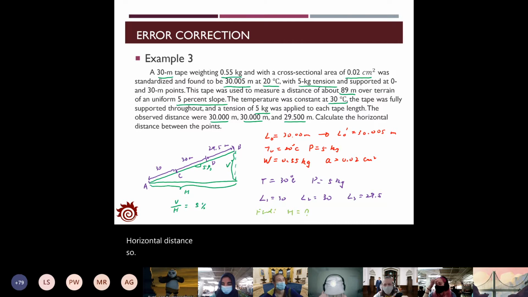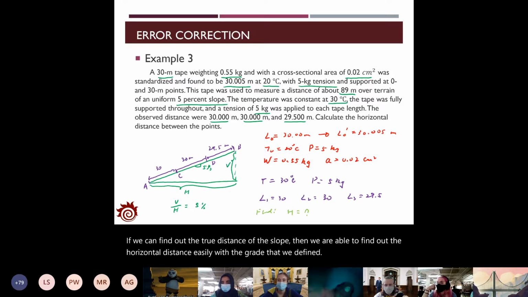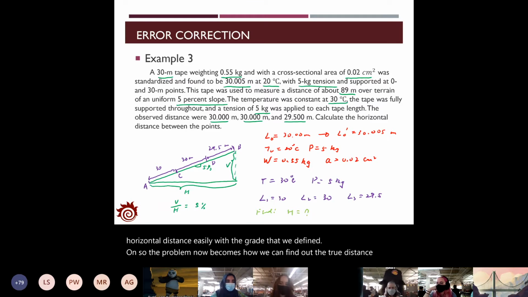As we already know, the grade of this slope is 5%. So if we can find out the true distance of the slope, then we are able to find out the horizontal distance easily with the grade that we defined. So the problem now becomes how we can find out the true distance of the slope.